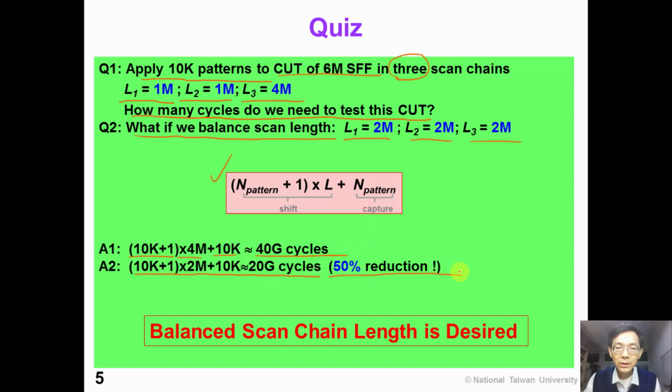This is a 50% reduction in test time. So from this example, we can see that a balanced scan chain length is desirable to reduce our test time. Have you got it correctly?